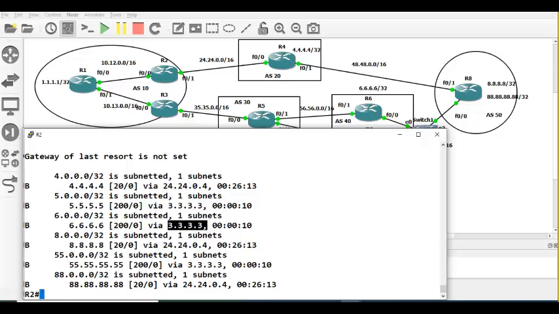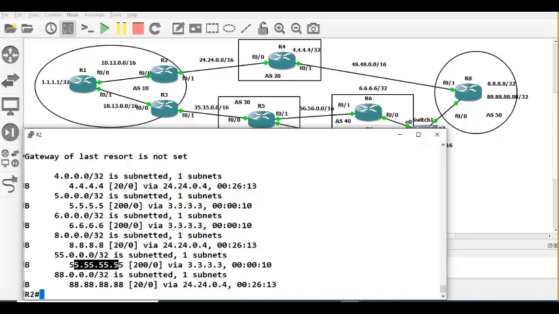If there will be any change in R1's routing table for these networks, there will be a change in R2's routing table.